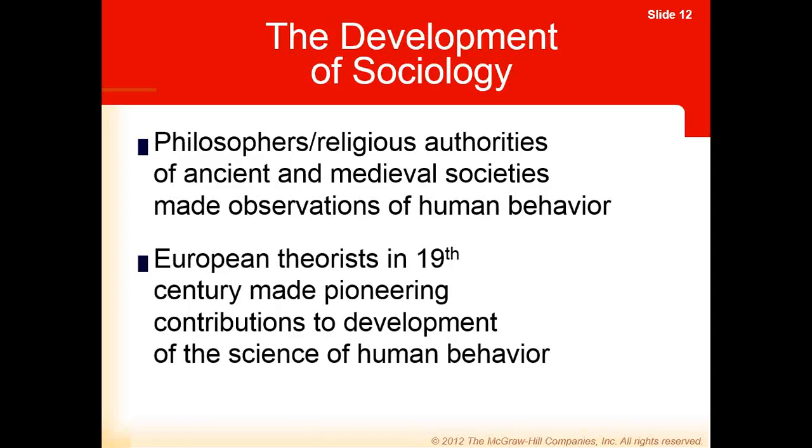But it wasn't until you think about the philosophical enlightenment, beginning in the 17th, 18th century, roughly in Europe. During that period, you had people like Thomas Paine writing books like The Rights of Man. You had Jean-Jacques Rousseau, the end of the 18th, beginning of the 19th century, writing about the social contract.